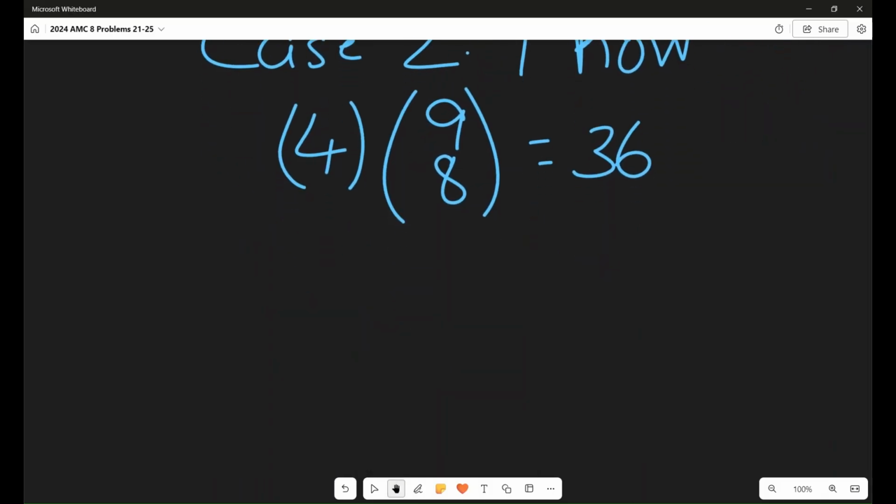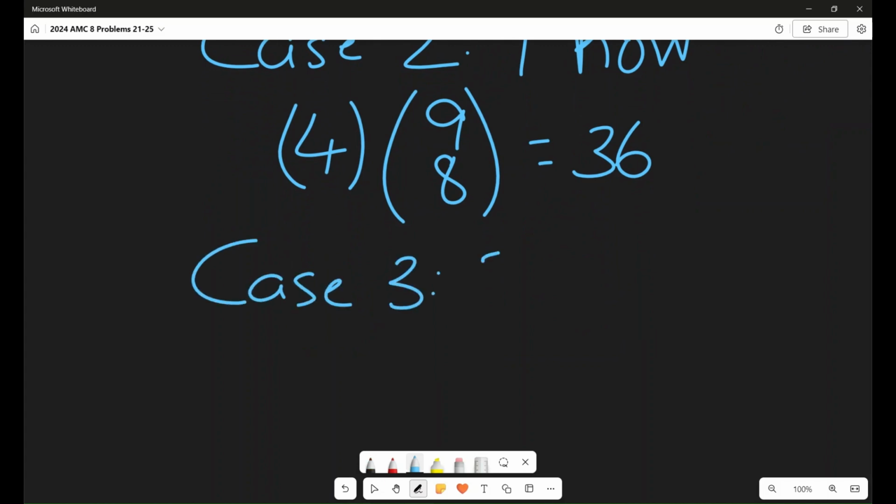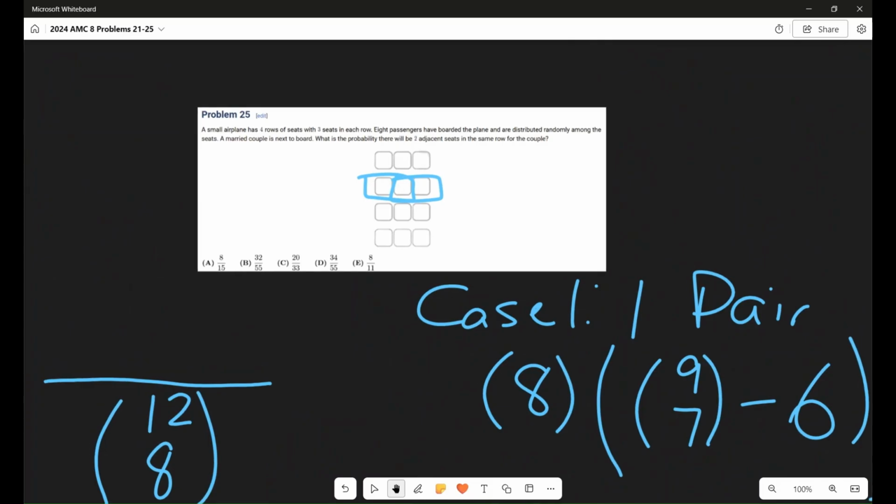Now, for our third case, we have 2 different pairs of seats in 2 different rows. Say we chose the top left pair. Now, we can't choose the pair in the same row, but we can choose any of the other 6 pairs.